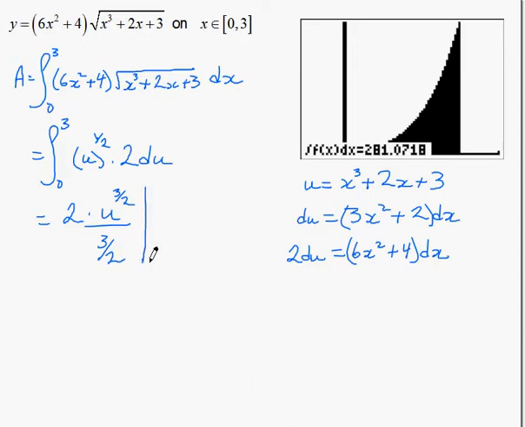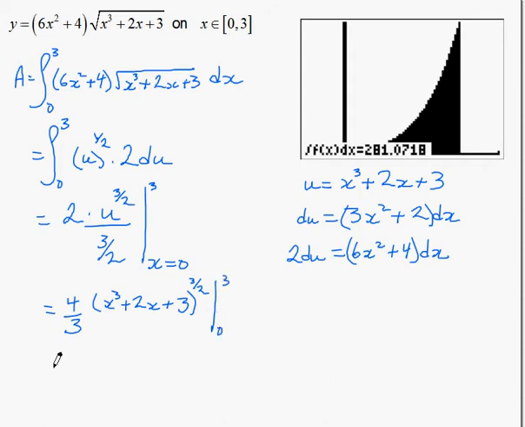The whole thing is evaluated from x equals 0 to 3. Now I emphasize x here because we don't substitute in for u. We have to first put the x back in, then substitute for x. So we end up with 4 over 3 times x cubed plus 2x plus 3 to the 3 over 2, and that's evaluated between 0 and 3.